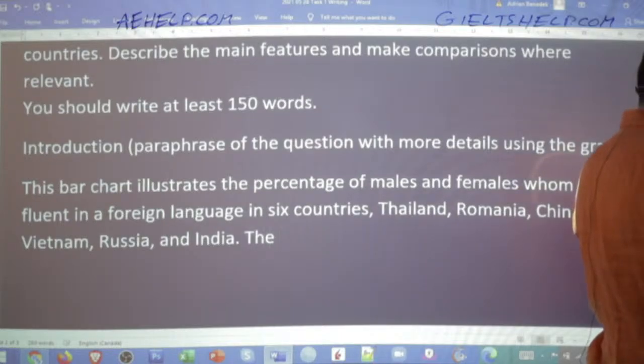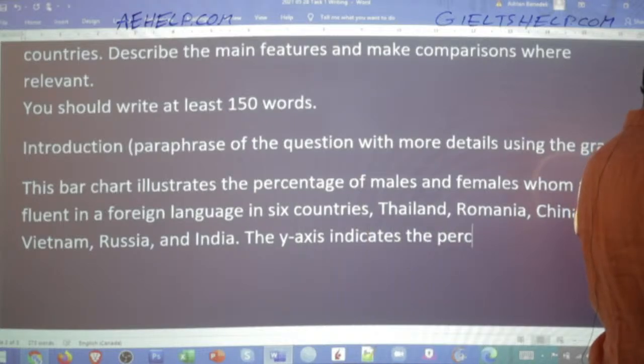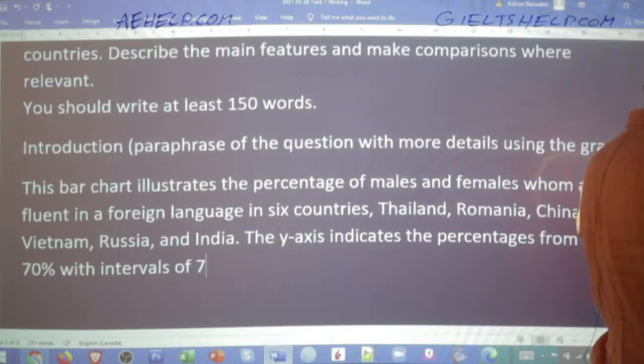The y-axis indicates the percentages from 0 to 70% with intervals of 7%.